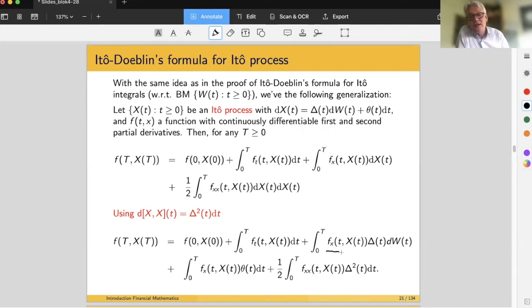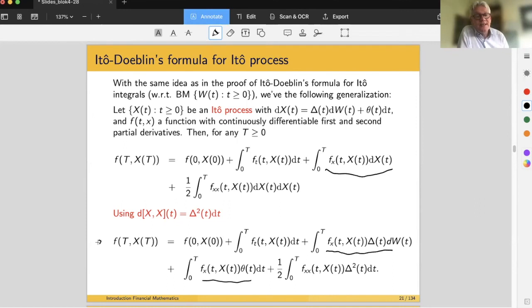So again, here you see this term and this term together make this term, where dx t is just substituted. The Ito process is just substituted. And for the other term, we substitute for dx t dx t our form that relates to the quadratic variation, delta square t dt. So here we have plus 1/2 the integral from 0 to t of the second derivative of f with respect to x at t, x t times delta square t dt.